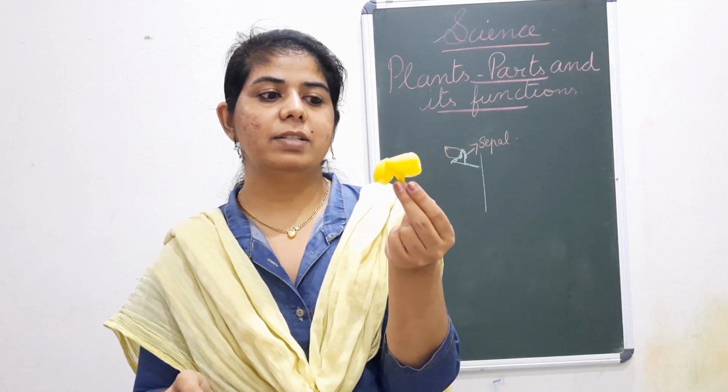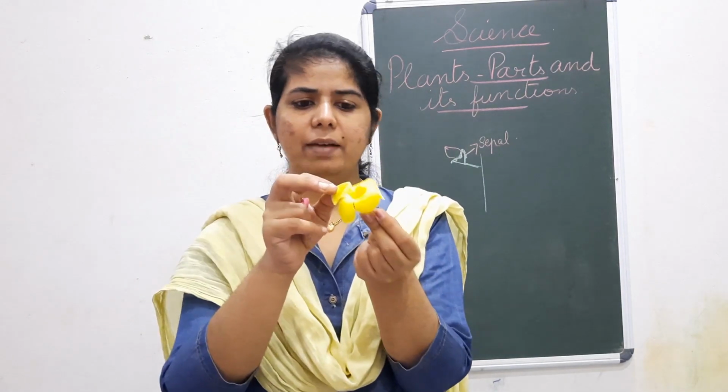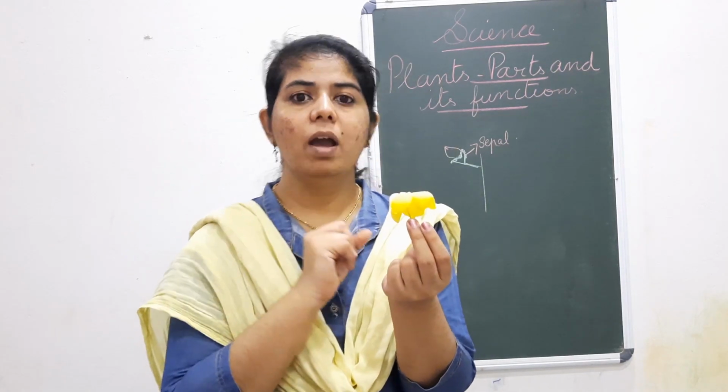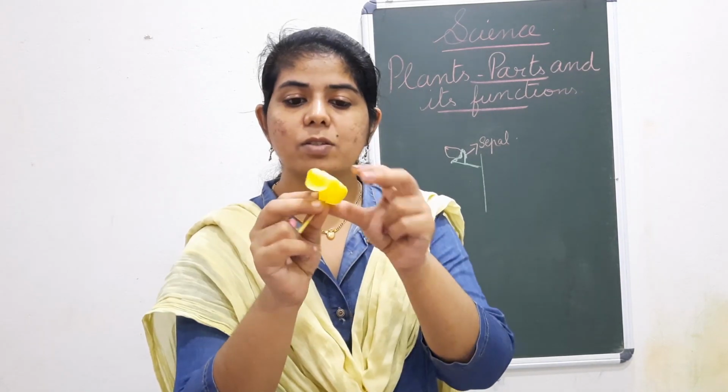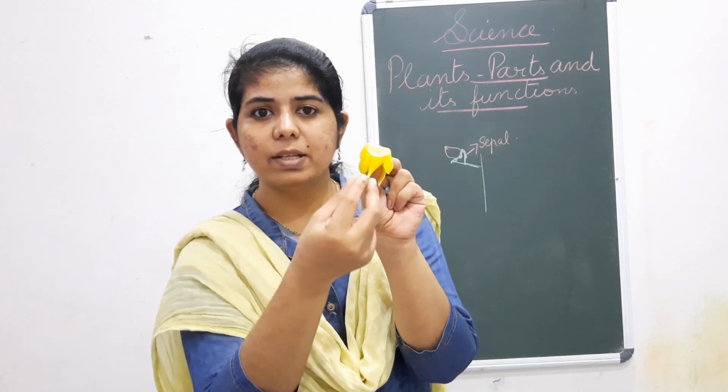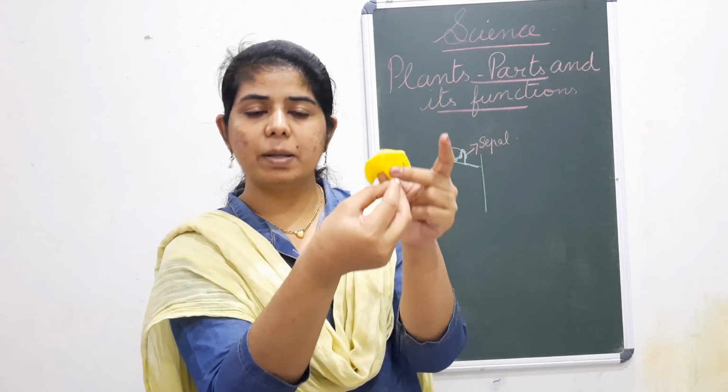Like that, you can take different flowers; all flowers won't have the same number of petals. Some will have only 3, some will have 4. Like that, you find out how many petals each flower has. When it is a bud, it is covered with a sepal, and when it is blooming out also, that sepal covering can be seen.